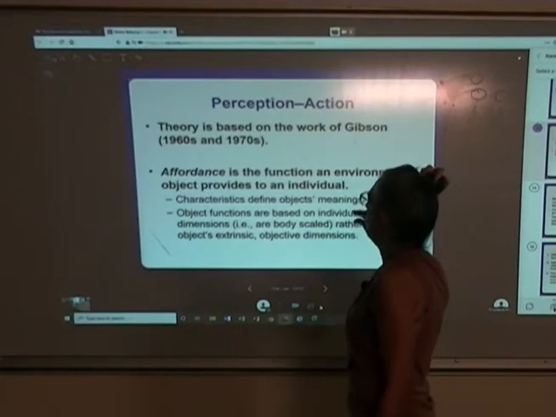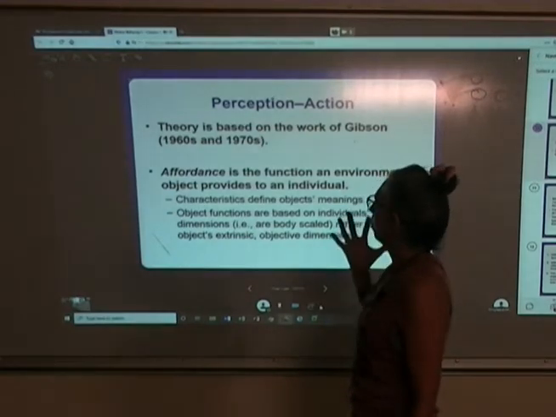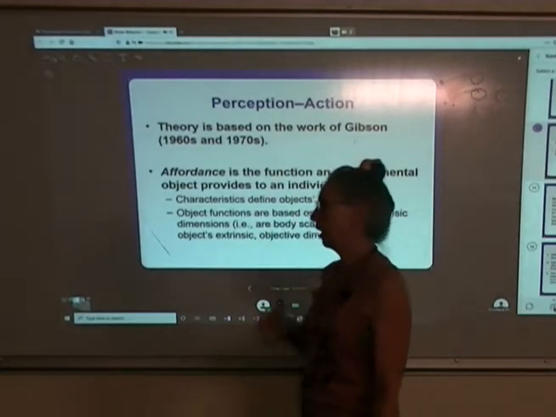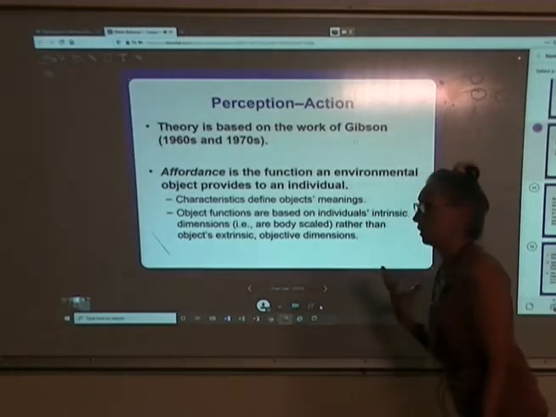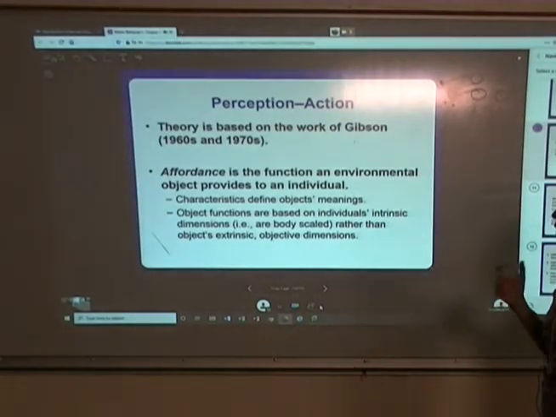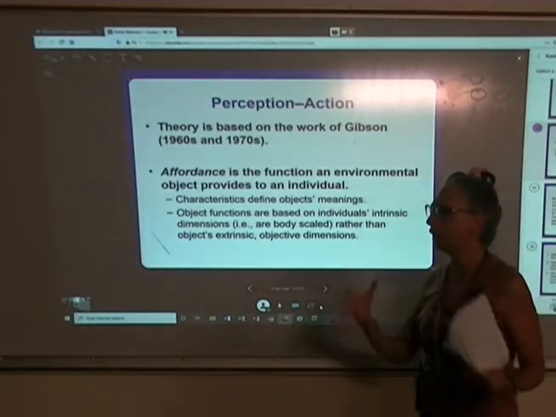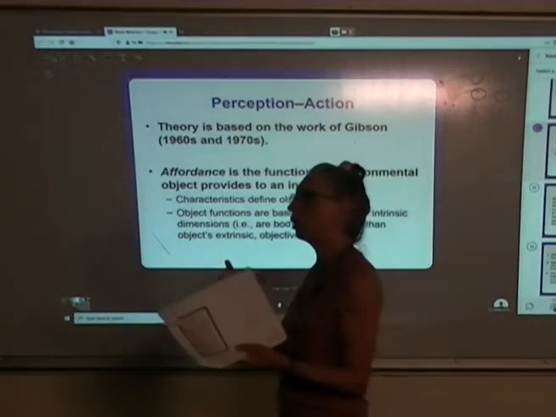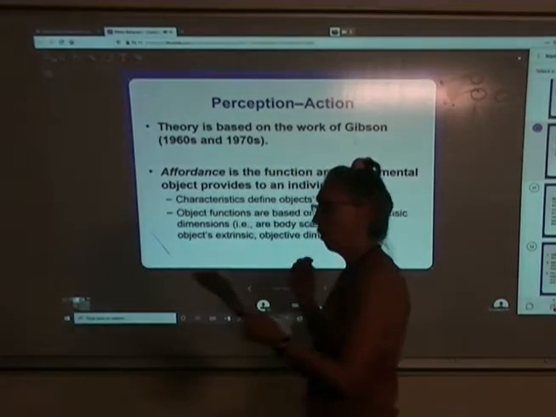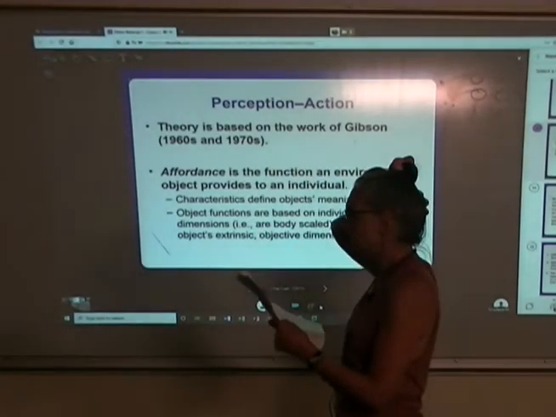The work on perception action was originally started a long time ago, back in the 1960s and 1970s, but it took 20 years or so before people really picked up on that work and continued the idea of it, right?